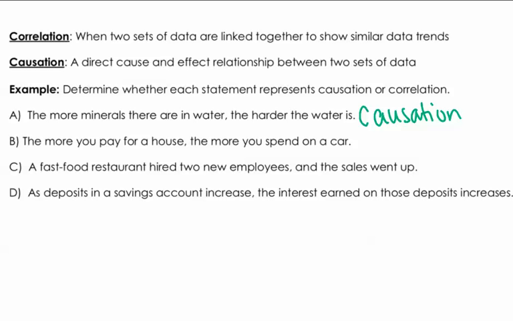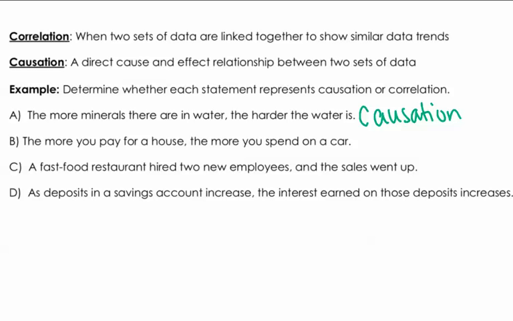B says the more you pay for a house, the more you spend on a car. If you have a house that costs, I don't know, $400,000, a really expensive house, the more you spend on a car. Is it necessarily true that just because you have an expensive house, you have to spend a lot of money on a car? Is that a direct cause and effect relationship? Or is that just something where, generally speaking, the people that have really expensive houses will have more expensive cars?